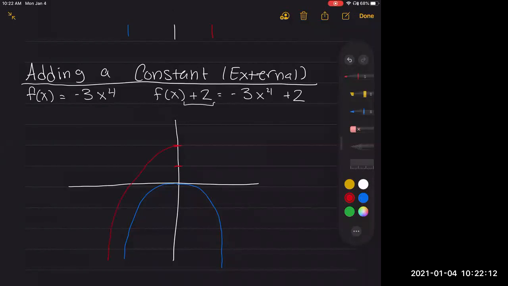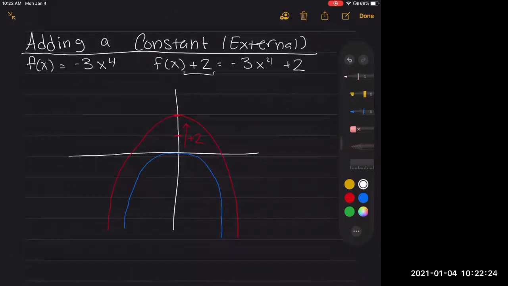So our graph looks like this. So we've moved it up 2. Now, had we, instead of adding 2, had we subtracted 1, that would have shifted the graph down 1. So then our graph would have looked more like this.